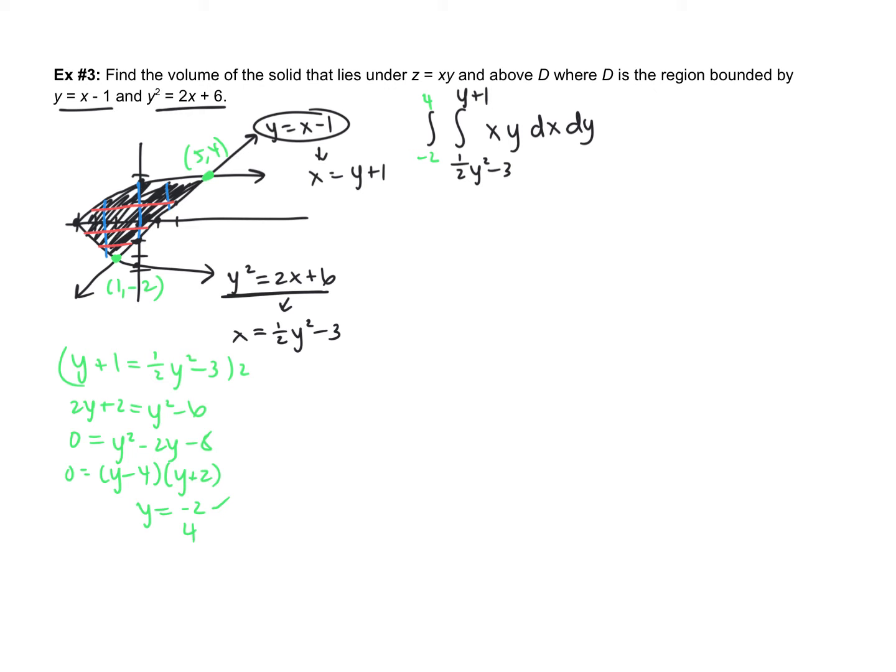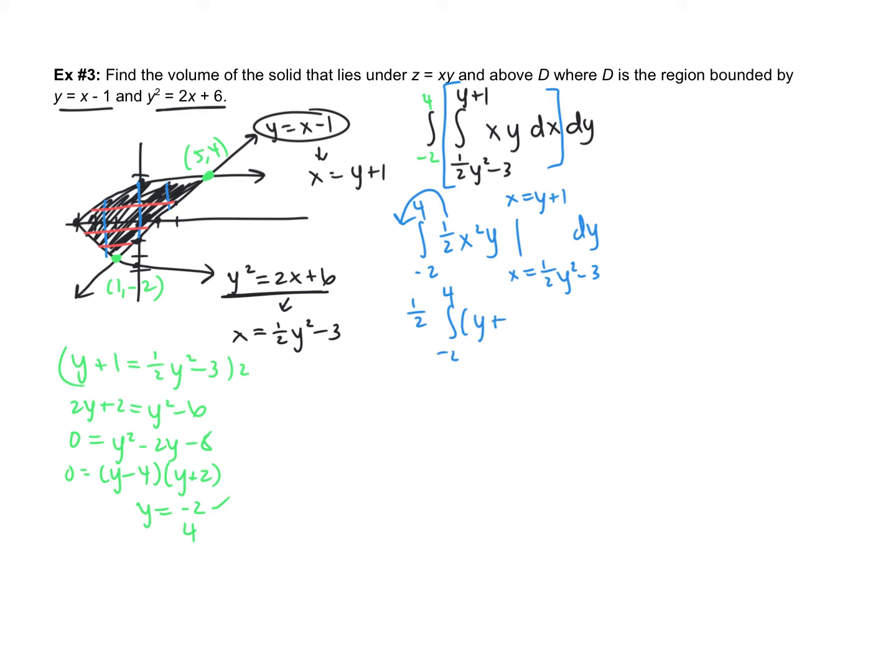Okay, and so here is where we are going to practice evaluating again, because this one is a little bit of a nasty one to evaluate. So let's start by integrating with respect to x. When we do, we get 1/2 x squared y from x equals 1/2 y squared minus 3 to x equals y plus 1. Now what I'm going to do is immediately, I don't want to deal with that 1/2, so I'm going to pull it out.